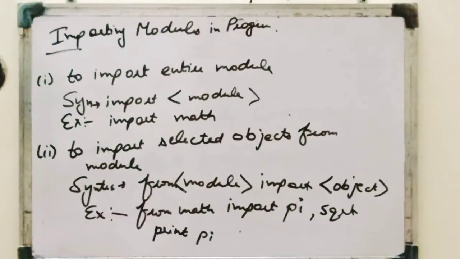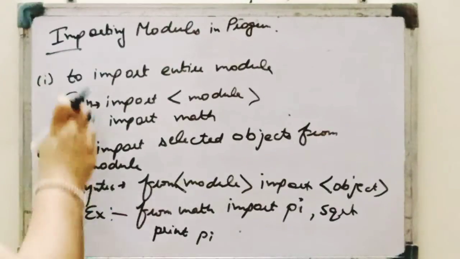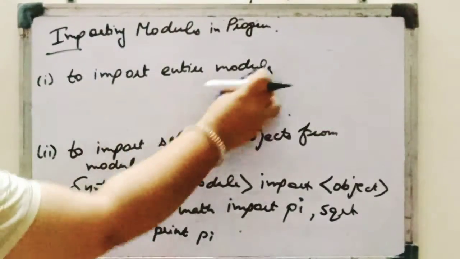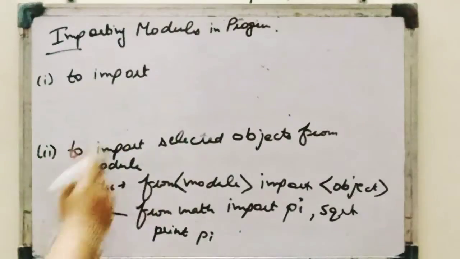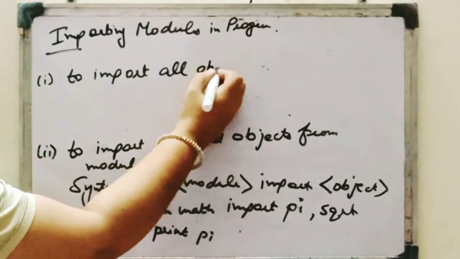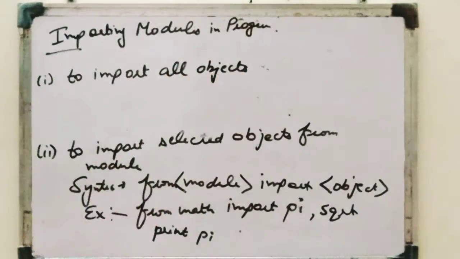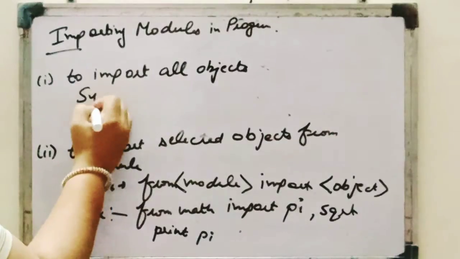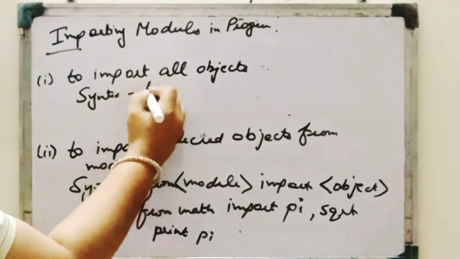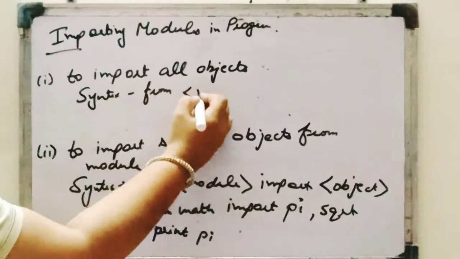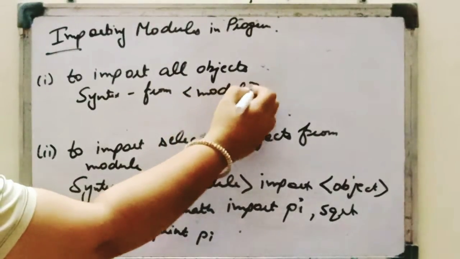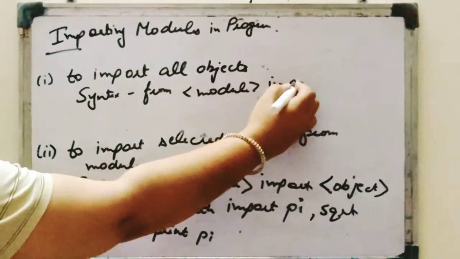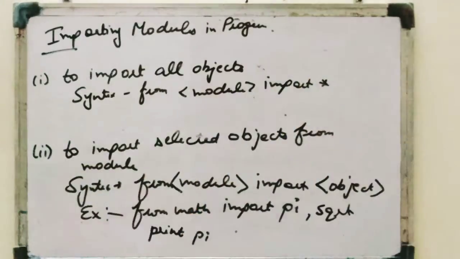Okay, one thing: if you want to import all the objects of the module, the third one is what? If you want to import all the objects of the module, how can you do that? Syntax: from module name import star.